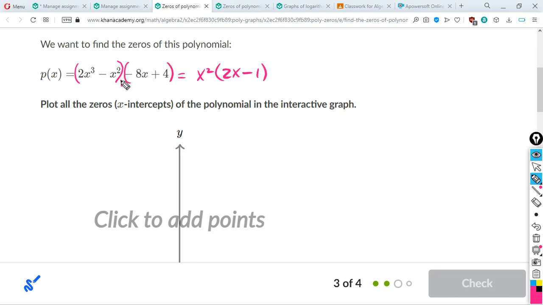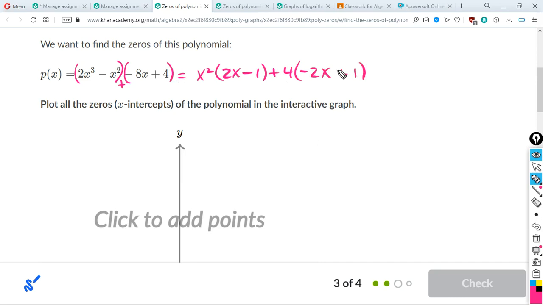And I'm just going to add a plus in between these two parentheses. It's the same thing. If it were negative 8x or plus negative 8x, that's the same thing. So I'm going to have a plus in between the parentheses. All right, and I have negative 8x plus 4. So I'm going to factor out a 4. 4 times what is negative 8x? Well, that's just negative 2x. 4 times what is positive 4? Well, that's just positive 1.